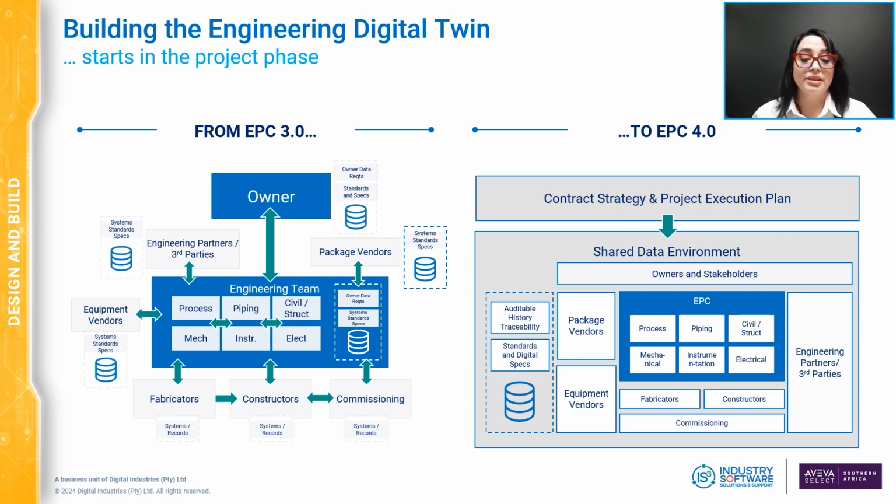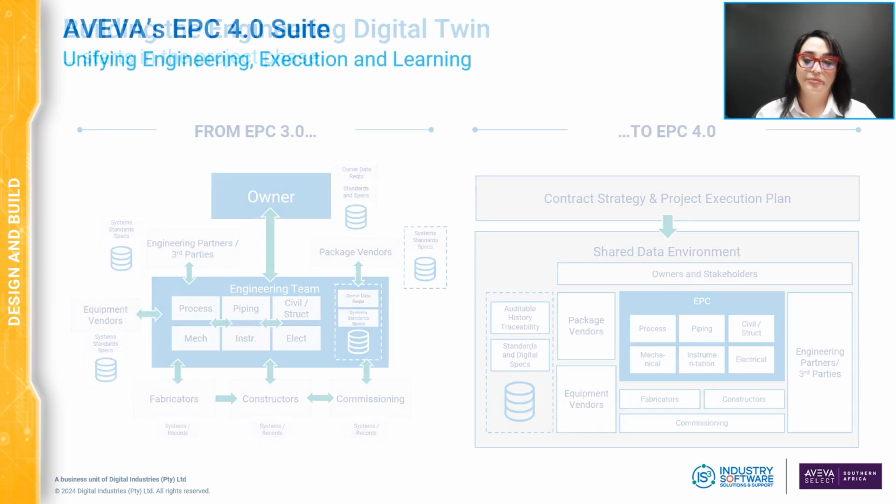We have the fabricators, constructors, the commissioning, as well as our third parties, all able to have data in one data-centric environment with one right source of information. This is also all auditable and has traceability, and you can also set these projects up with the standards that are issued to you, with the specs that are made for this project.